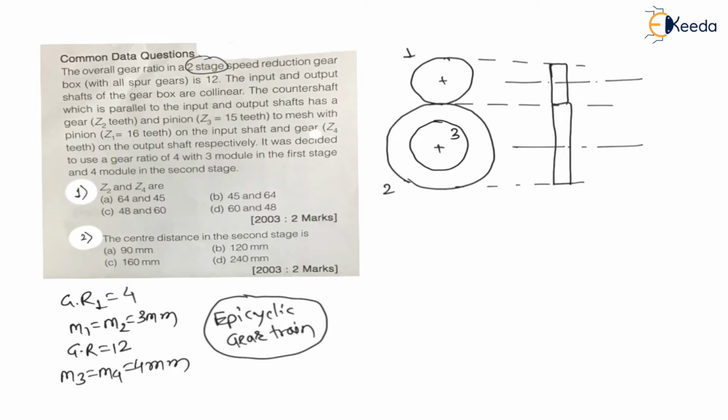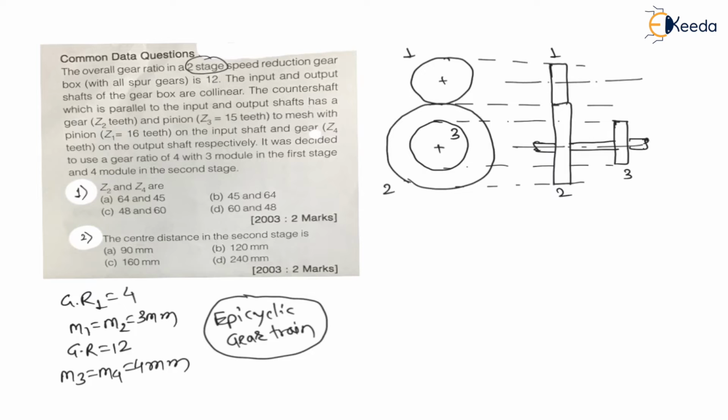This will be gear 3 inside, on the same axis, on the same shaft of gear 2. If I see the side view, gear 3 will look like this, on the same shaft, right? Here it is first, second and third, and in contact with third there is gear 4.